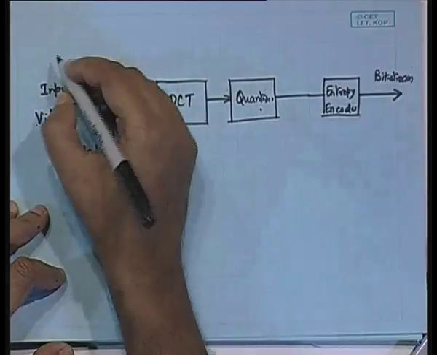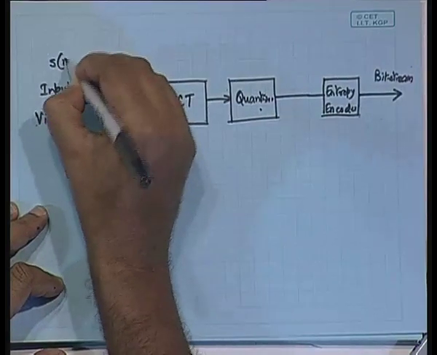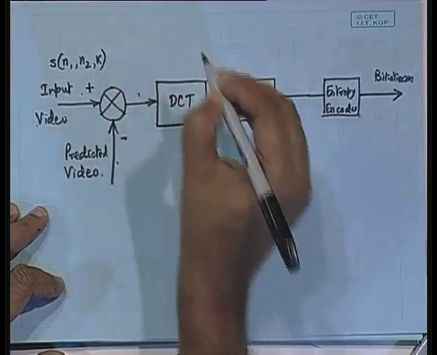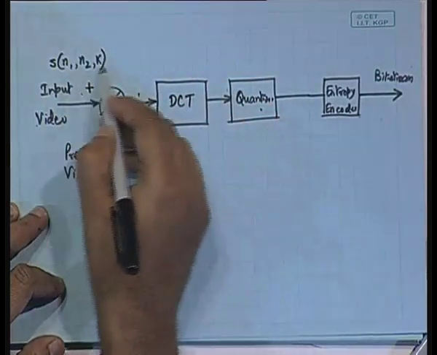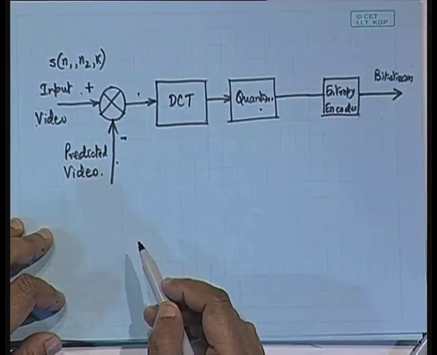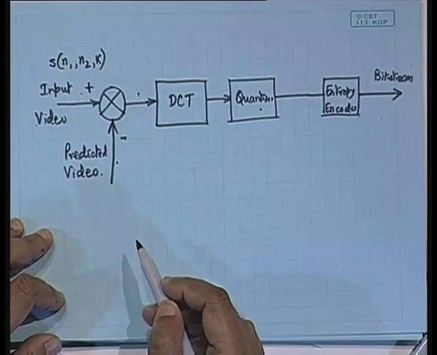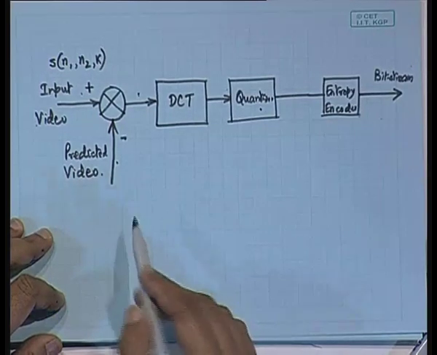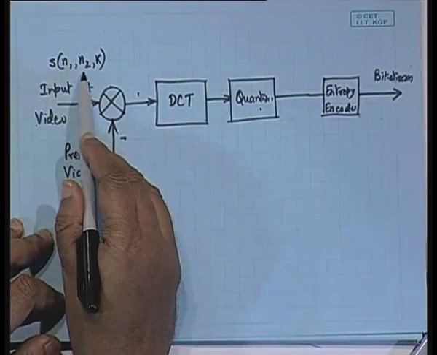So, let us call this signal S of n1, n2, k. I have now introduced a new notation. S of n1, n2 I was so long indicating as the pixel intensity at the position n1, n2. Now I am denoting the intensity as S of n1, n2, k.